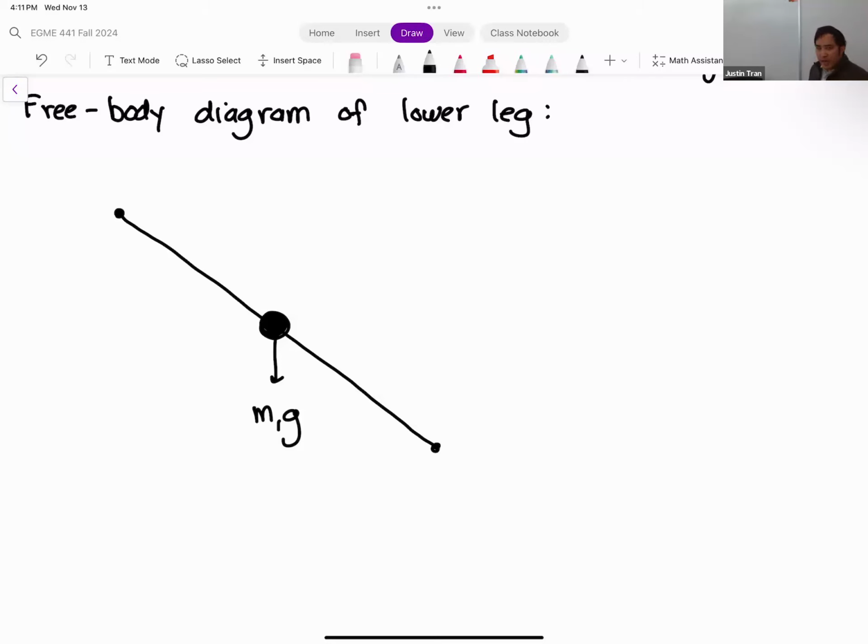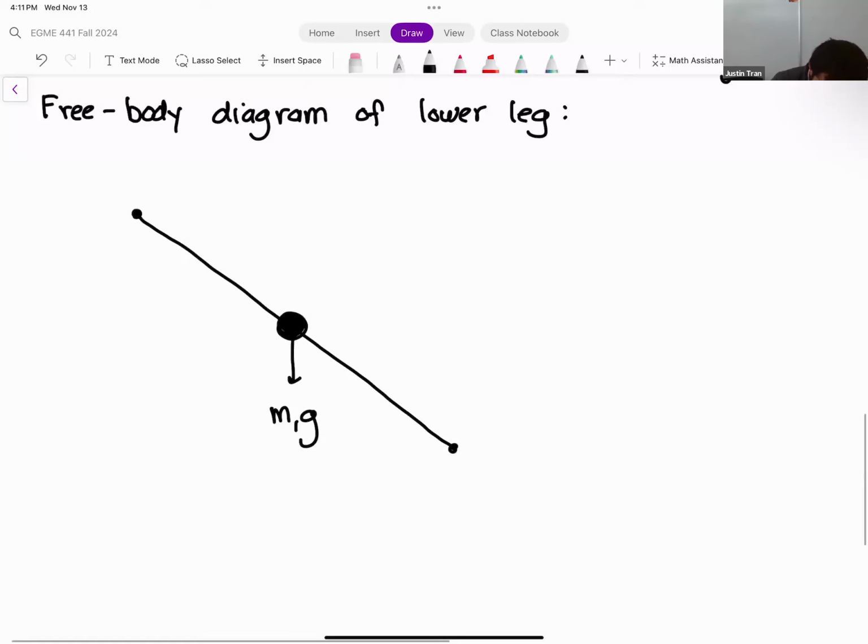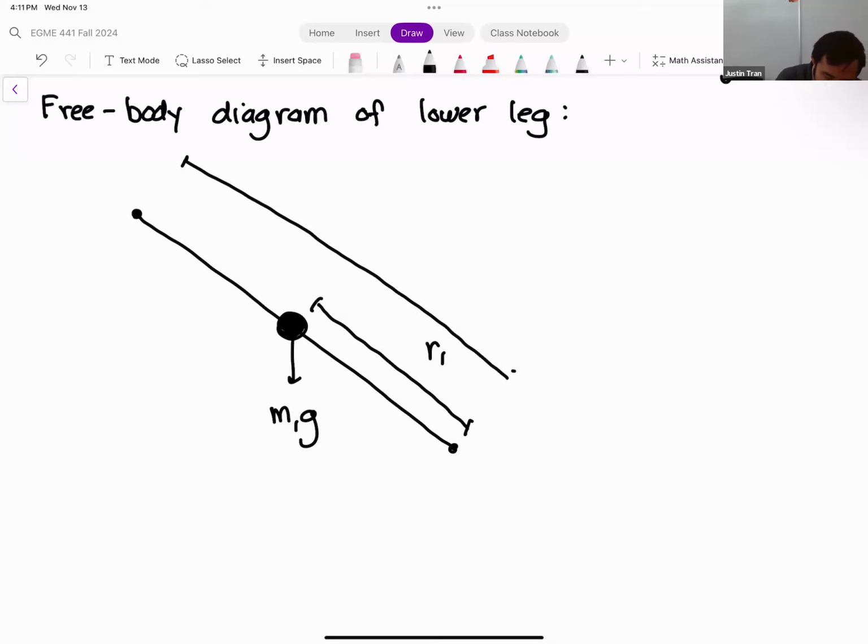Every body segment has a mass and a weight, so we have to incorporate that into our free body diagram. What we said was that the distance from the ankle joint up to the center of mass is R1, and the total length of the segment is L1.